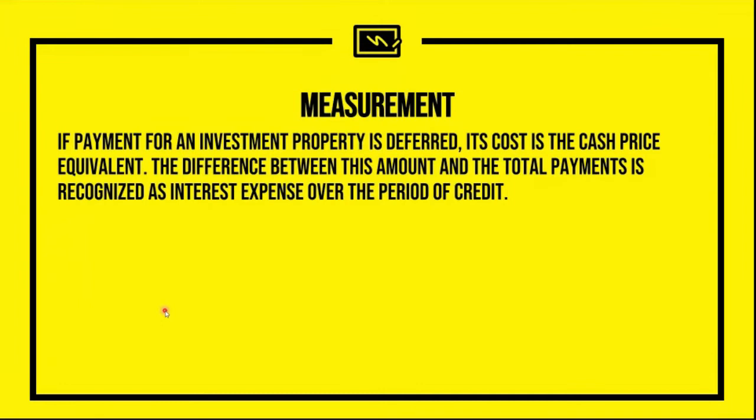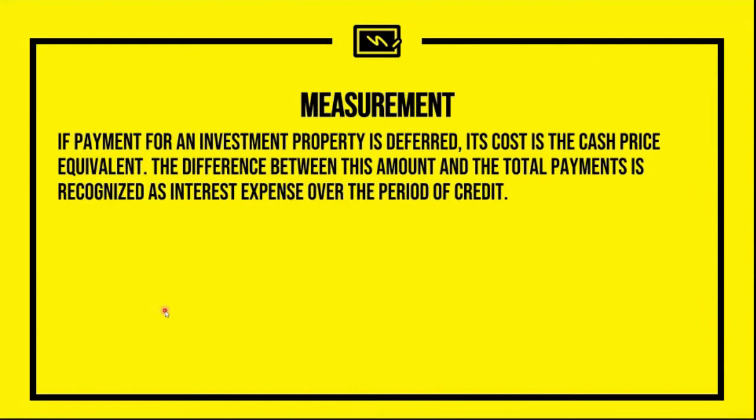So similar to your inventories and later on also with property, plant, and equipment, in the case of payments of investment property that is deferred, then you need to get the present value or the cash price equivalent, and any excess from the cash price or the present value over the total payment will be charged as interest expense.